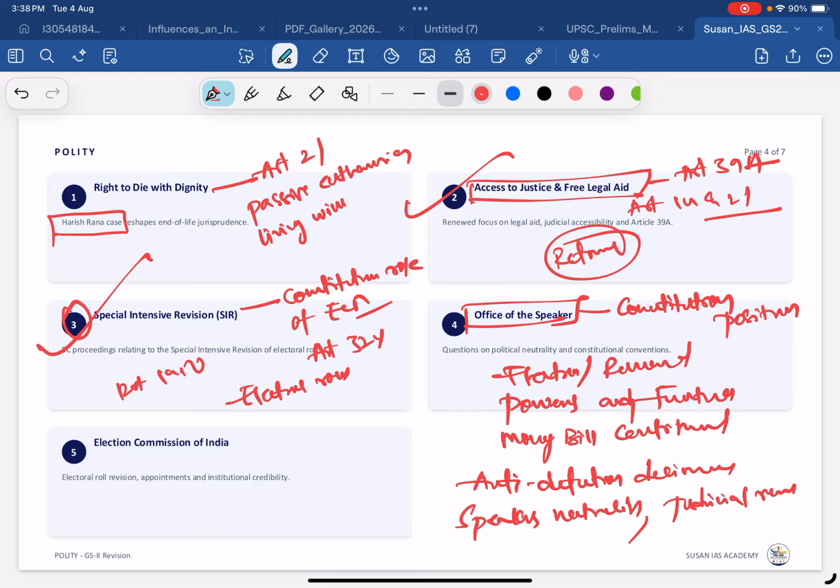So these are the dimensions you can cover under the Office of the Speaker, right.